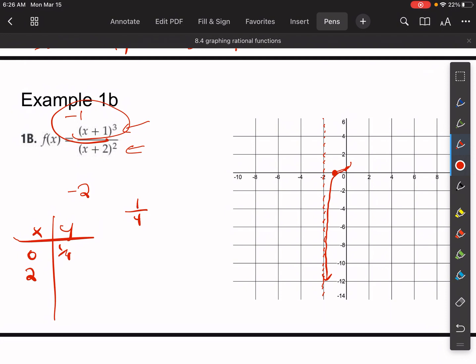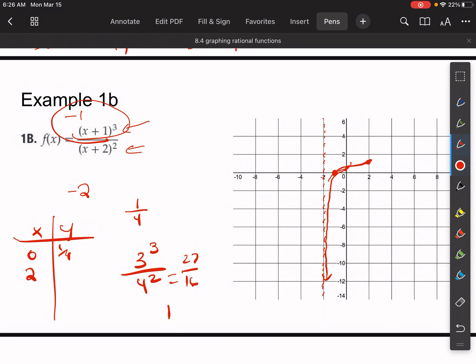If I plug a 2 in, I'm going to get 3 to the 3rd power over 4 squared. So 3 to the 3rd is 27. 4 squared is 16. So it's going to be approximately 1.5 when I plug a 2 in. So plug a 2 in, and I'm up here, just doing this kind of thing.